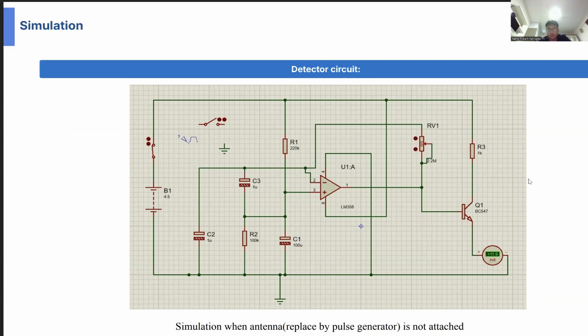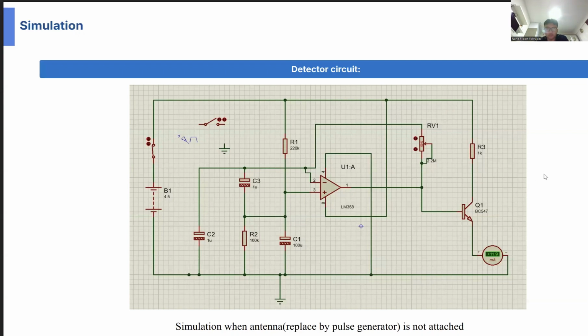So when the antenna detects a signal, it will send a small signal that will make the negative input of the op-amp higher, so the comparator will turn on. And then it's connected to a BJT. We use BC547. This BJT is used to strengthen the current so that it can turn on the LED when the device detects the signal.